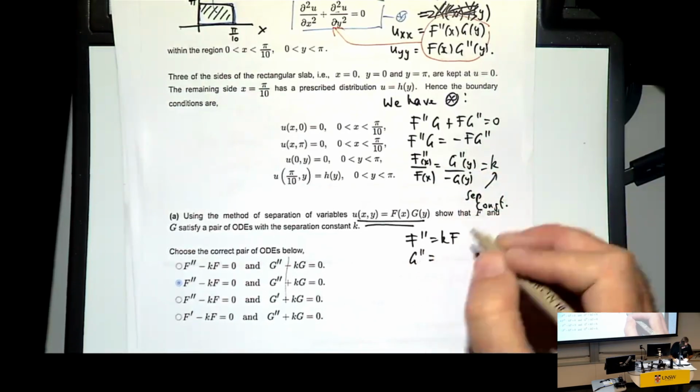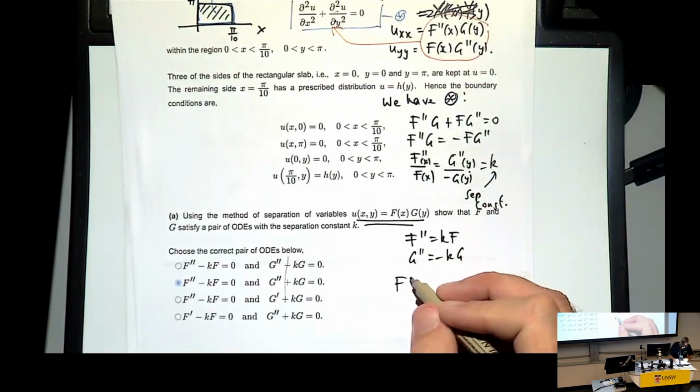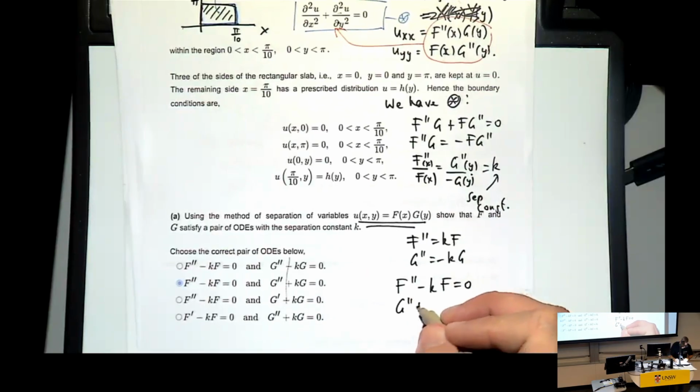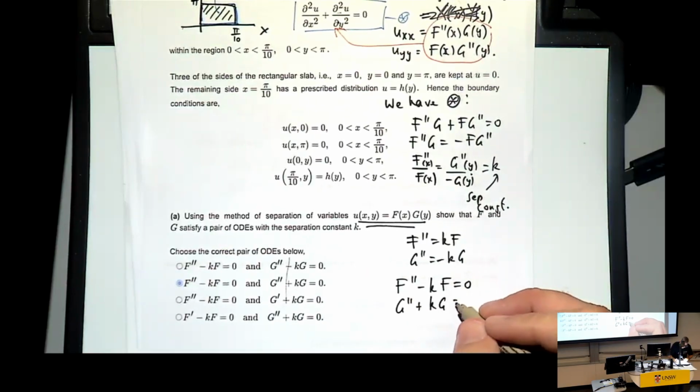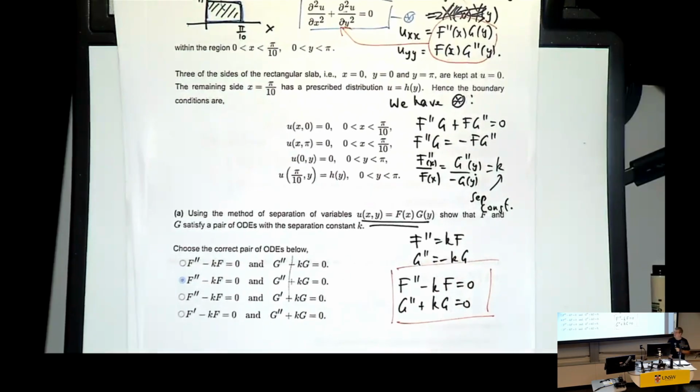G double prime equals negative Kg. So that'll become those. Okay? So it's going to be the second situation. Yep.